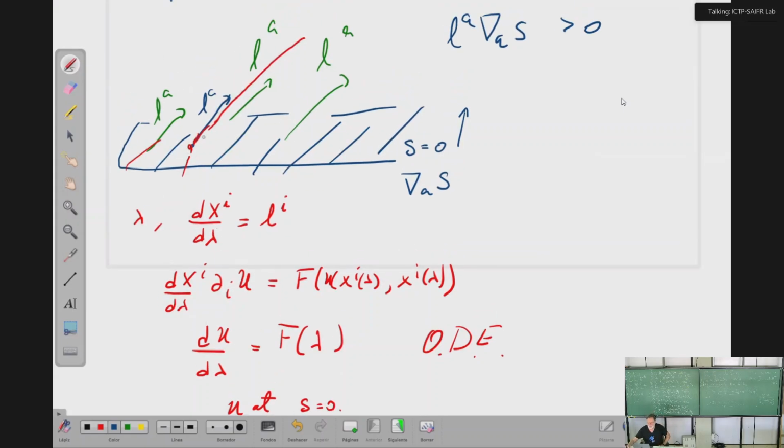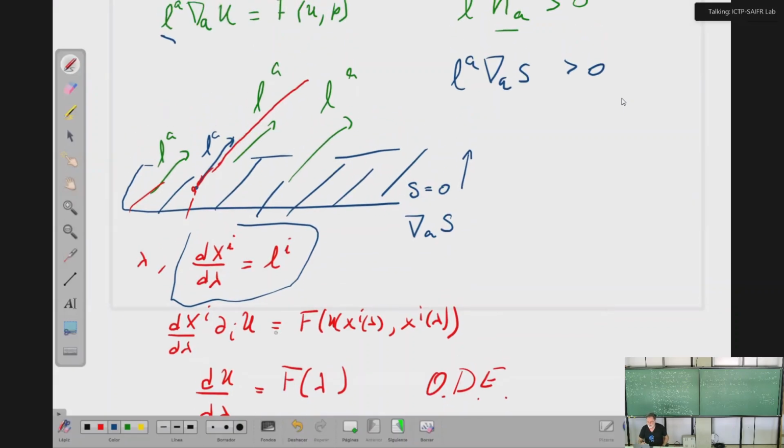So you take any point, you compute first the integral curve using this, along this, right? And then you evolve the u using this equation. Okay? So this way you get a solution.